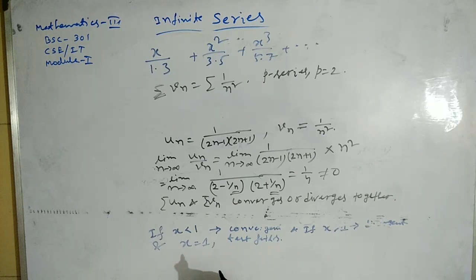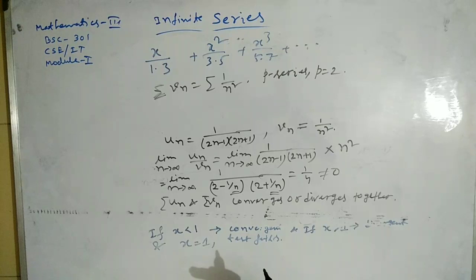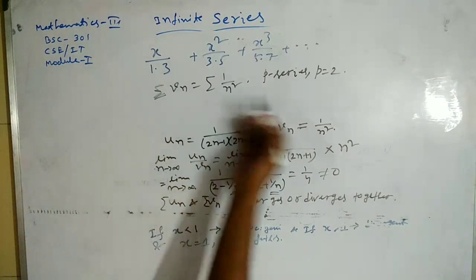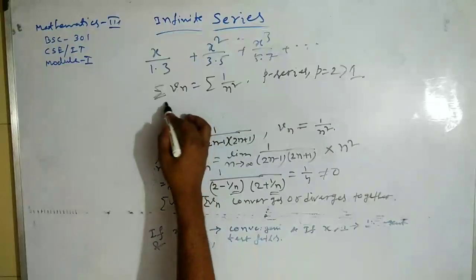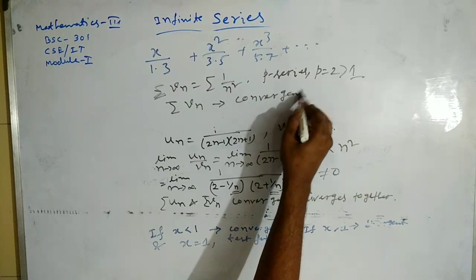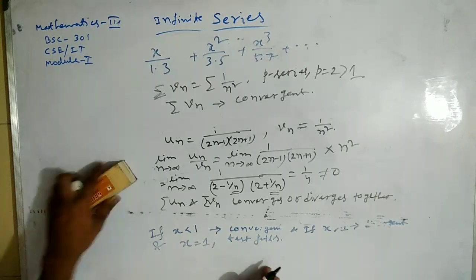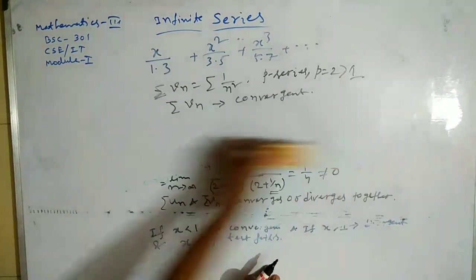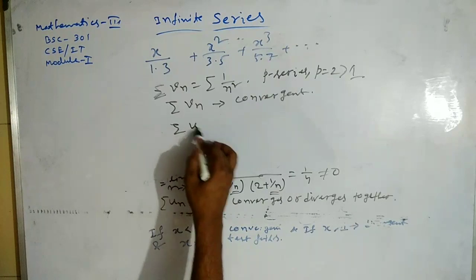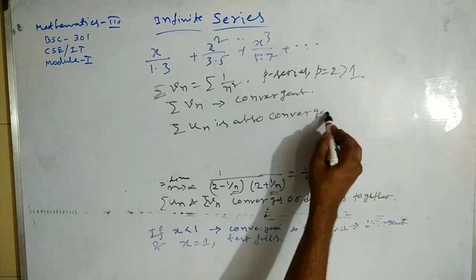Now we know that in a P series, if the value of P is greater than 1, then the series will converge. So since P is greater than 1, summation of vn is convergent. Now since summation of vn is convergent, according to the comparison test, we can say that summation of un is also convergent.